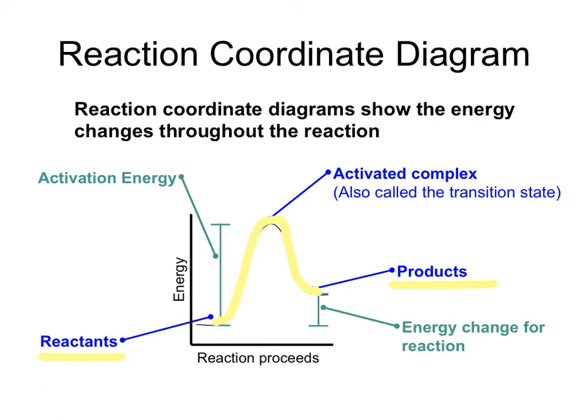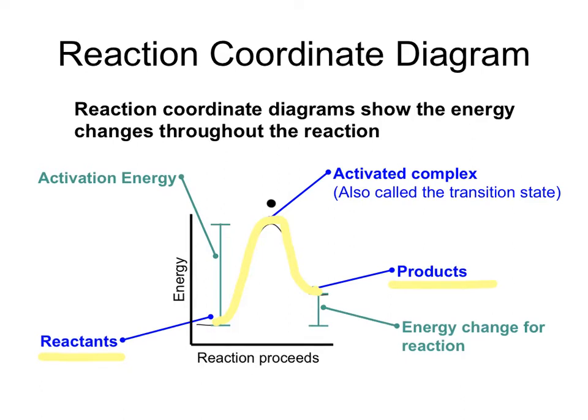At the top of the curve, you are going to have the activated complex. It is also known as the transition state, and it is a temporary molecule that is formed as the reactants have twisted and vibrated and have almost broken apart in order to form the products. Remember that in a chemical equation, the reactants must break their bonds and reform the new bonds of the products.